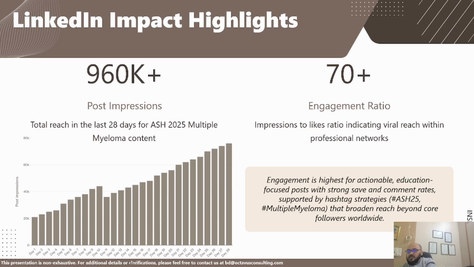Obviously, it took a surge on day 10, because ASH started on the 10th of December, and then the surge kept increasing until the 28th. The engagement ratio is 70 plus, which is very high.